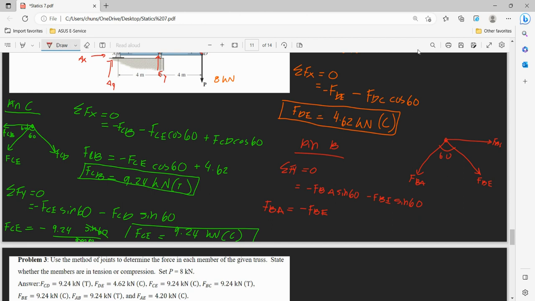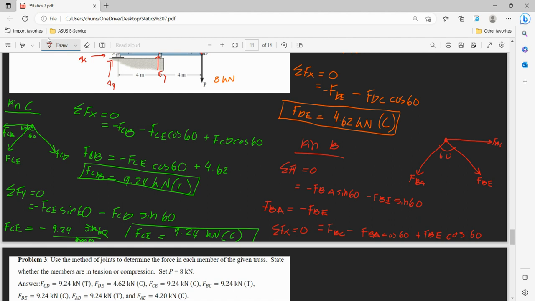Okay. So now let's do sum of Fx, which is equal to positive FBC, which we know. And this is plus FBA cos 60. Sorry, this is minus. And this is plus FBE cos 60.